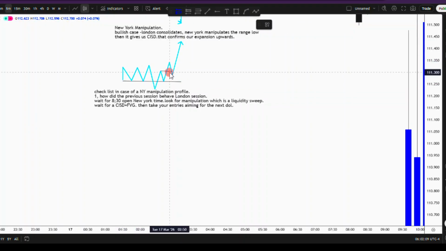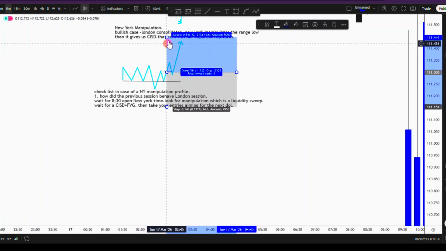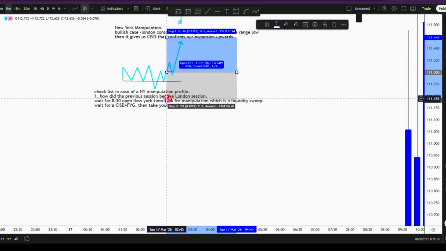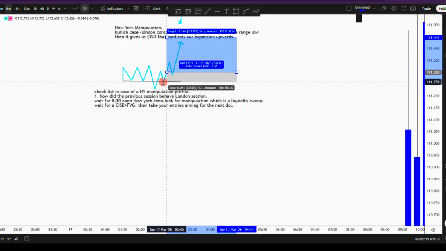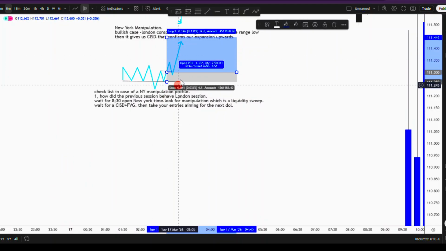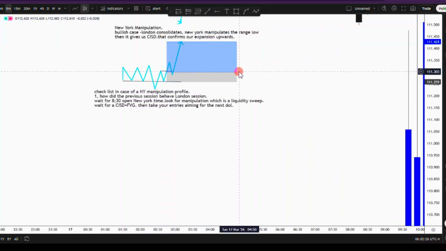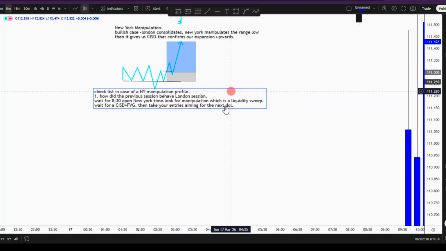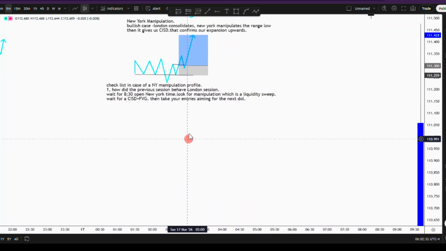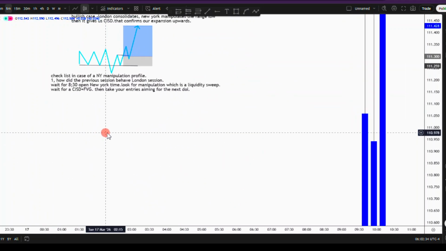Then our stop loss will be at this point. We are going to see this when we are back testing. So we take our entry at that point, aiming for the next draw on liquidity. So we have something like that. I hope you have understood that.